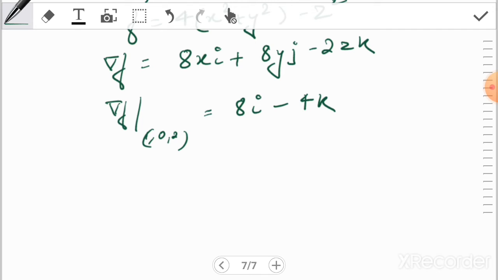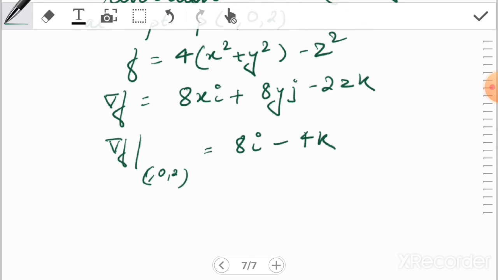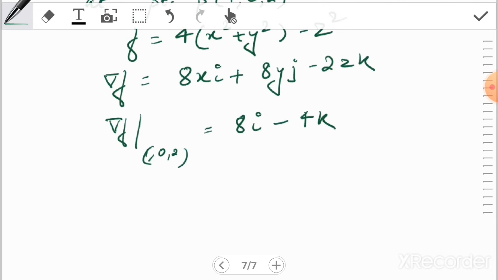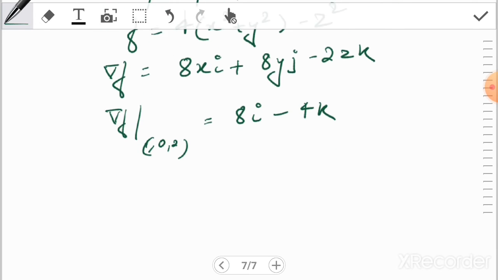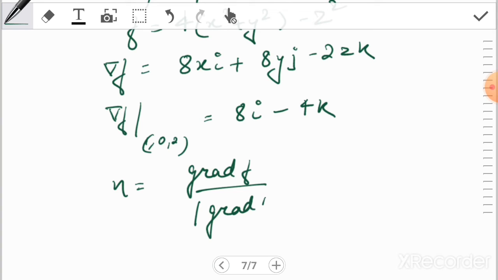So now see, gradient f is a normal vector of the cone at point P. Okay. So the unit normal vector at point P will be gradient f by modulus of gradient f.